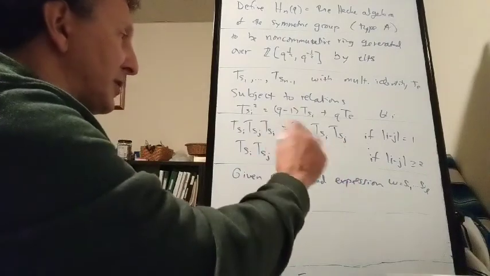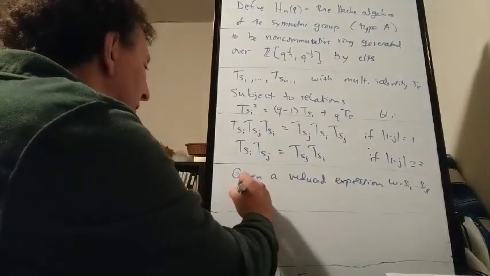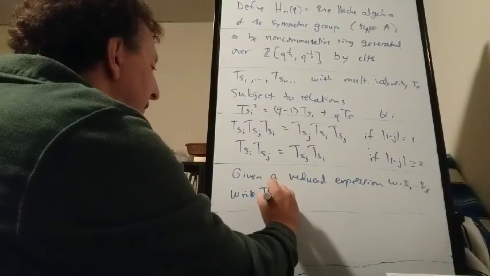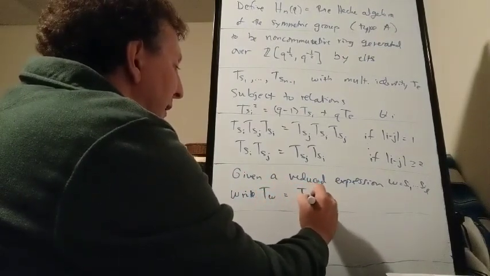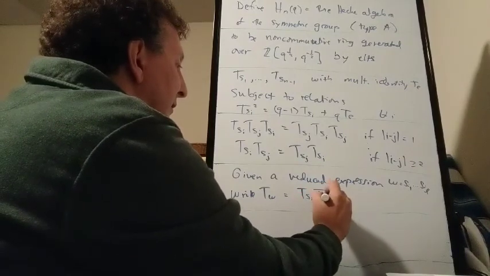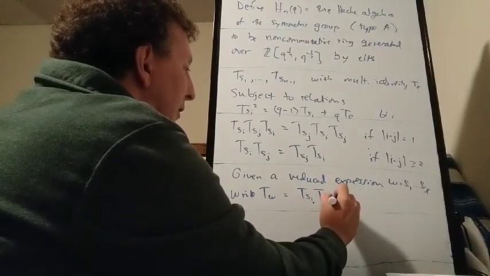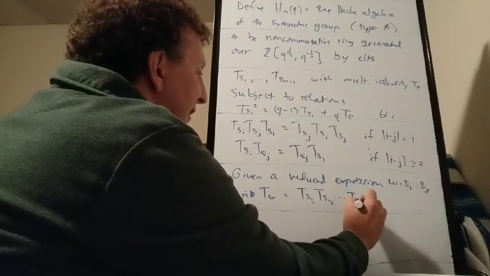So if that's a reduced expression for w, let's write T_w for T_{s_{i_1}}, T_{s_{i_2}}, etc. up to T_{s_{i_l}}.